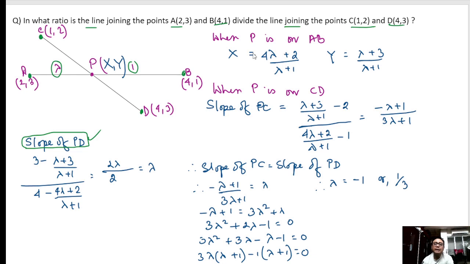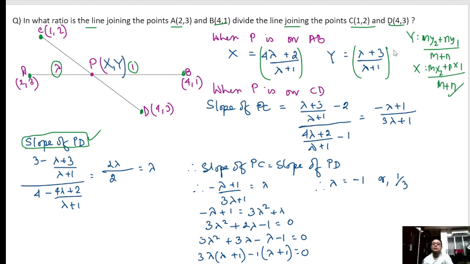So that means I can find the x coordinate of P and the y coordinate of P, using the formula y equal to my2 plus ny1 by m plus n and x equal to mx2 plus nx1 by m plus n. Using these two we find out the coordinates of P.